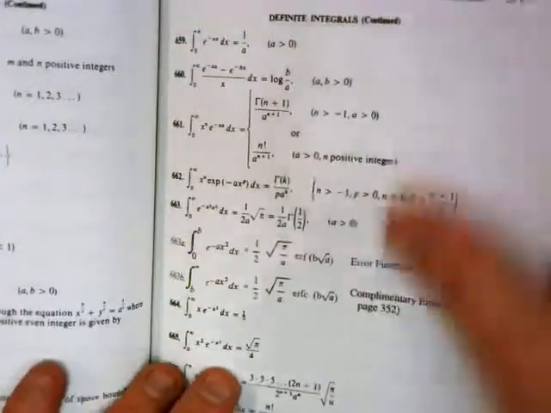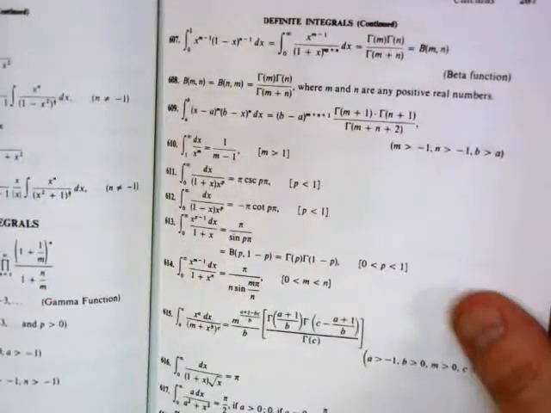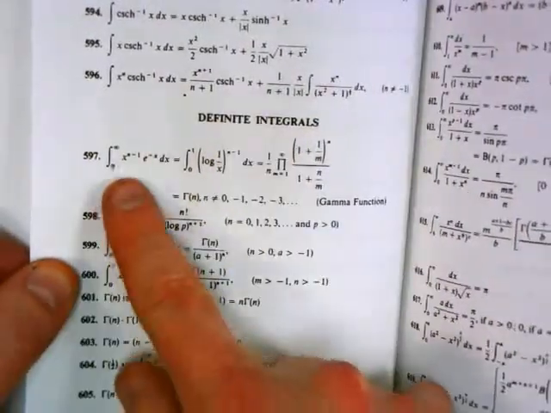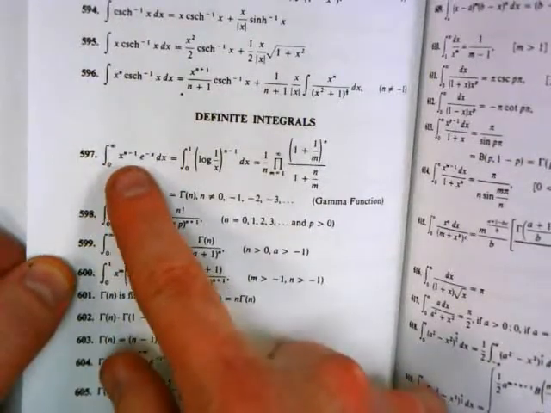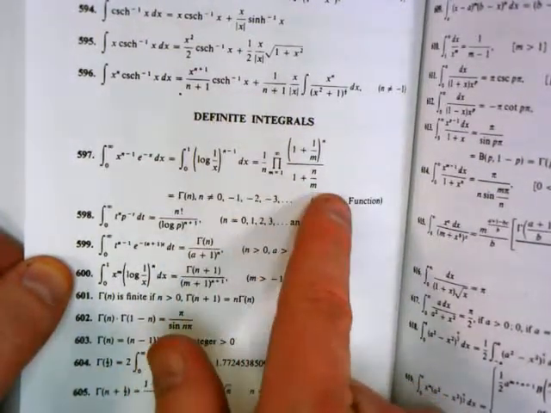Exponential forms, hyperbolic forms. Eventually it starts giving you formulas for definite integrals too, like the integral from 0 to infinity of x to the n minus 1 e to the negative x, is whatever the world that is.